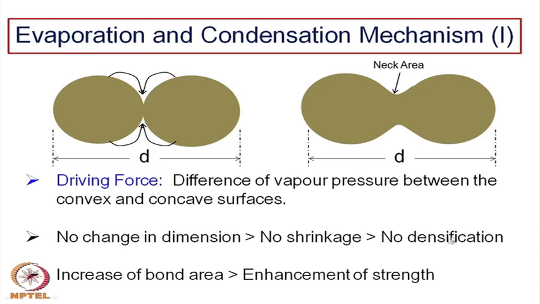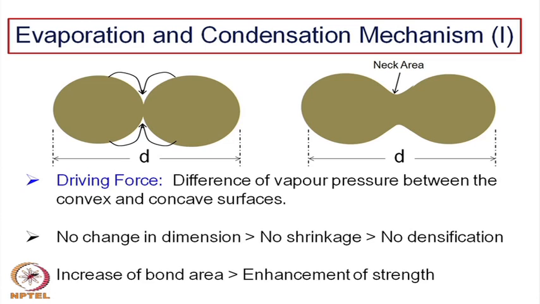So, in that context there is an increase of bond area, because there is a point contact originally. Now, we have a much larger area of contact here, and therefore there is an increase in the bond area. So, there will be enhancement of strength. This is the more essential property after sintering or as a result of sintering. Densification may or may not happen, particularly in this case it is not happening.